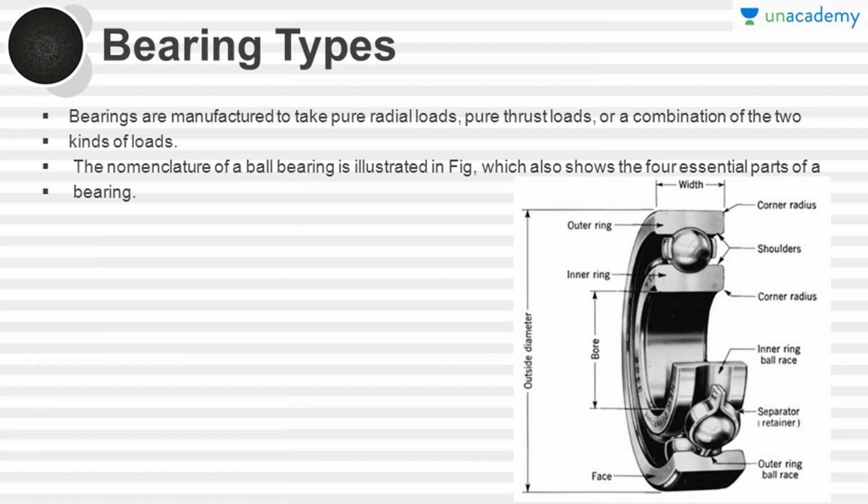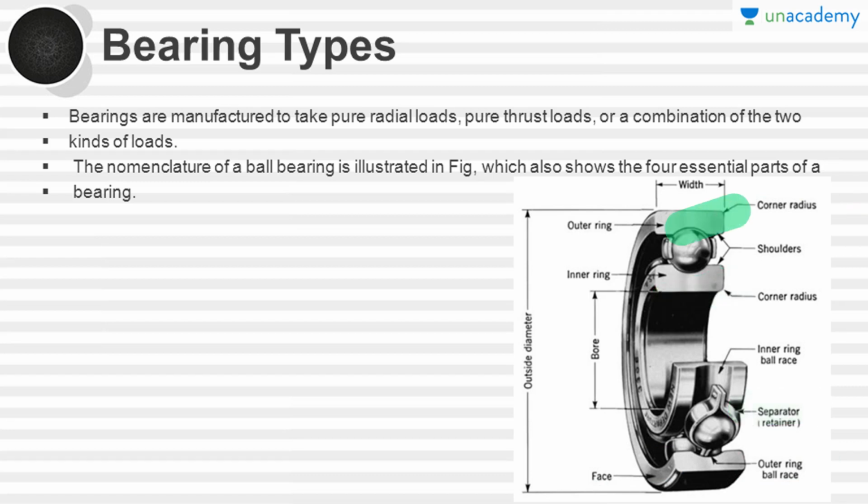In this figure you can find the outer ring, the inner ring, the bore diameter, the corner radius, shoulders, the outer diameter and the face, the outer ring ball bearing, and the ball separator. This ball separator is used to separate the balls between the two rings of the ball bearing.